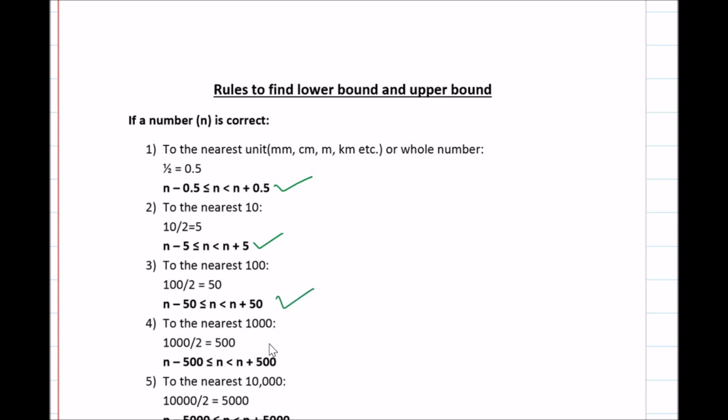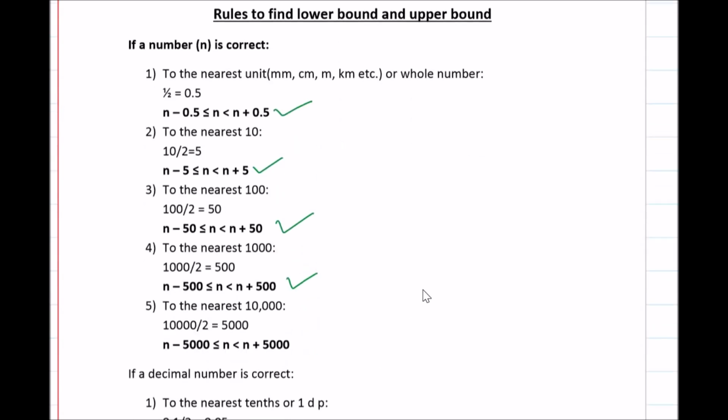This is the rule I am talking about. Now to the nearest 1000, what will we do? Take 1000 divided by 2, we get 500, then subtract 500 from n and add 500 to n. So n minus 500 gives us the lower bound and n plus 500 gives us the upper bound.